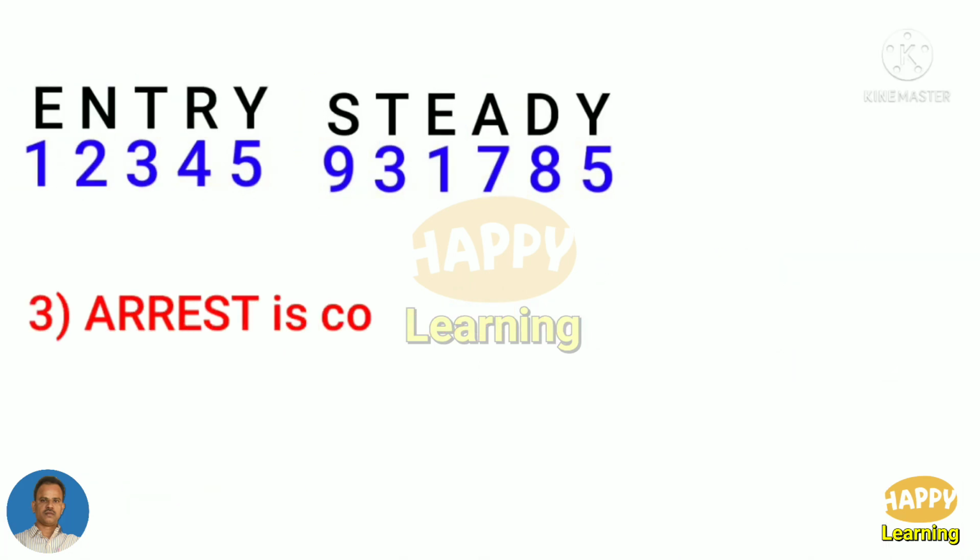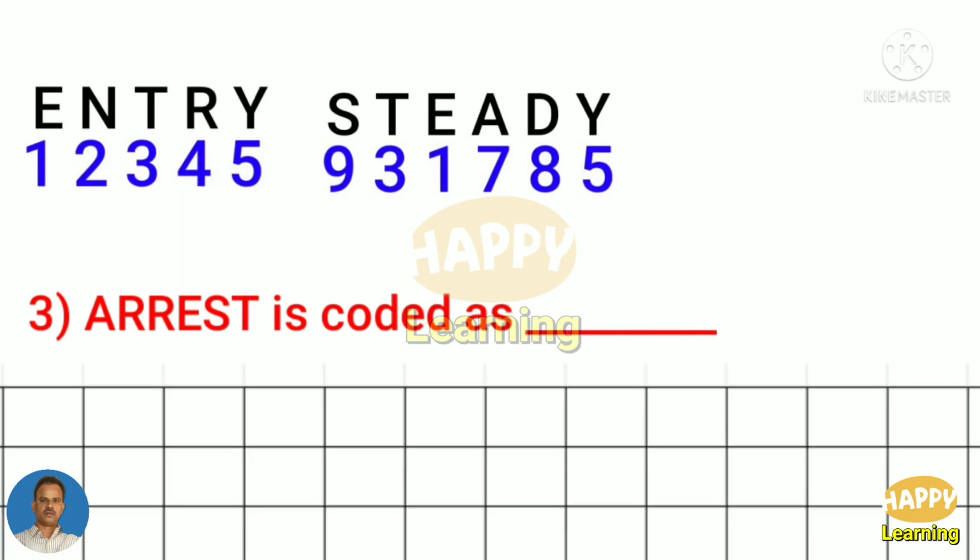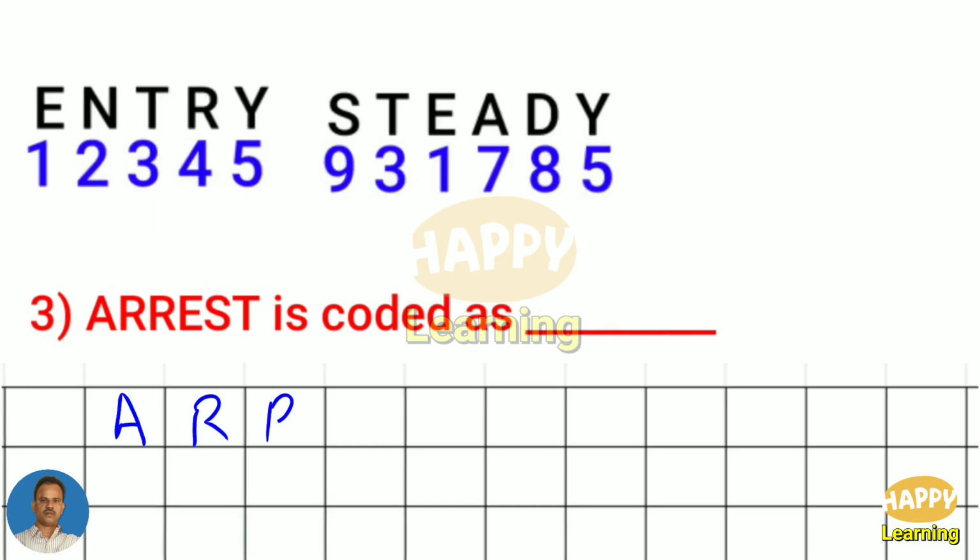Okay, right. Next question. Arrest is coded as. I'll write the spelling here: ARREST. A is coded as 7, so I'll write 7 here.